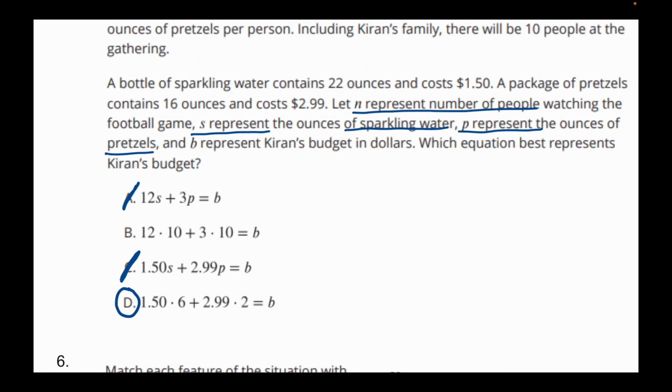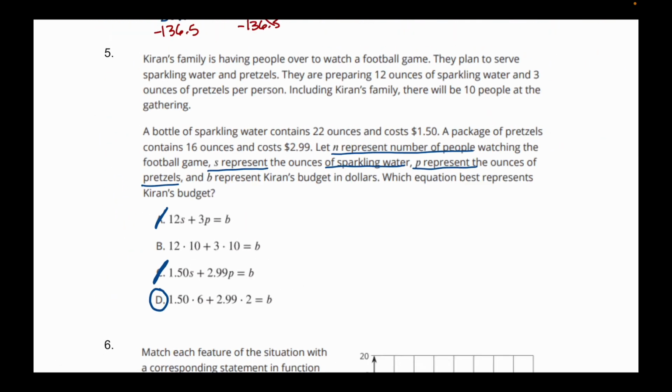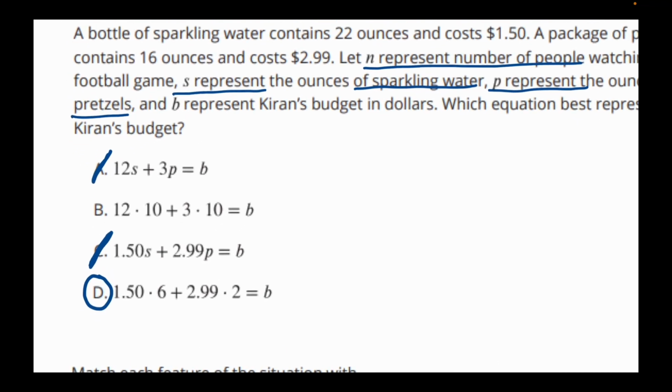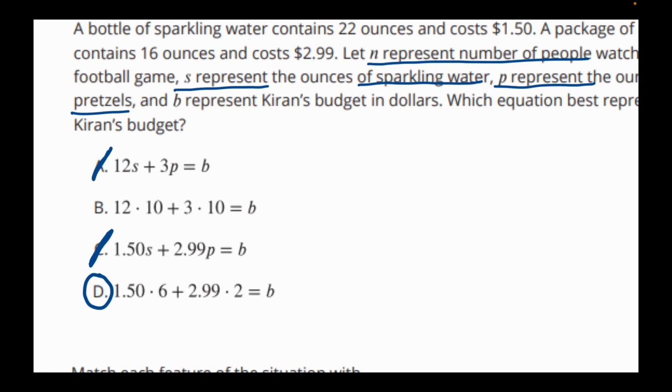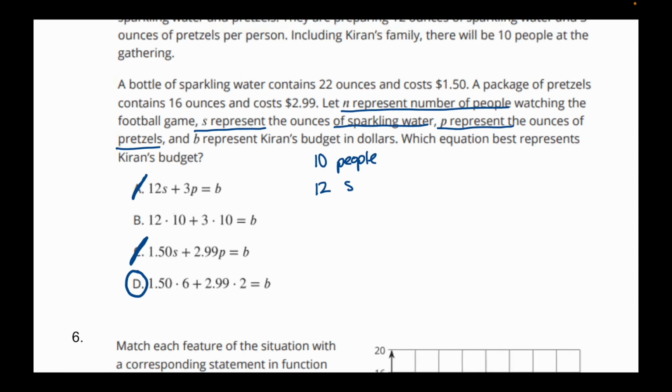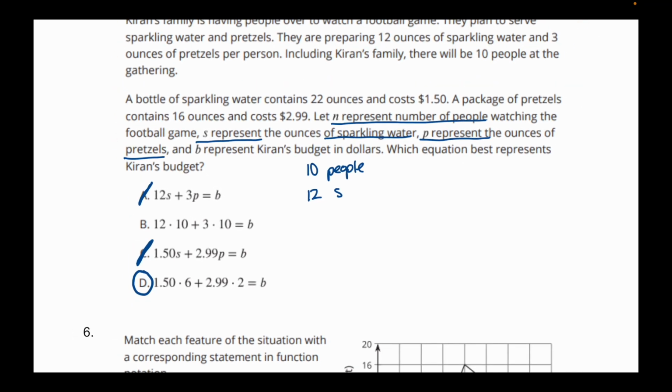If I have 10 people, and I want 12 ounces of water for each person, and I want, how many for pretzels? 3 ounces of pretzels.